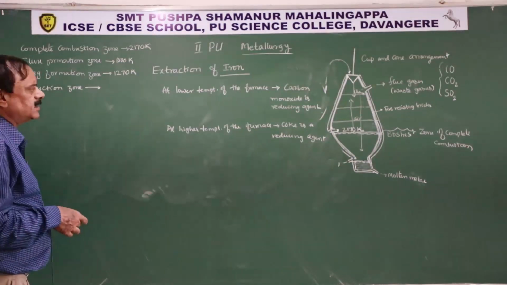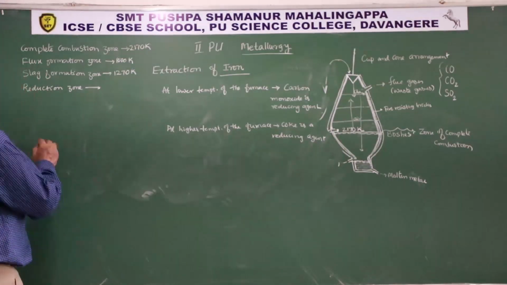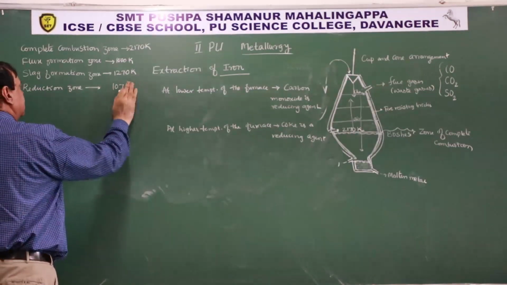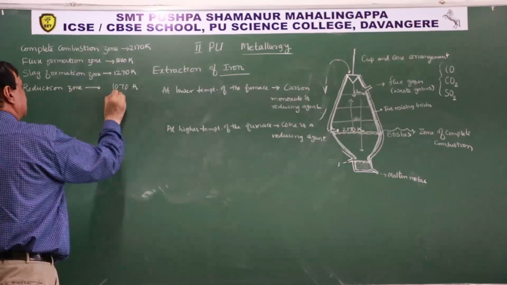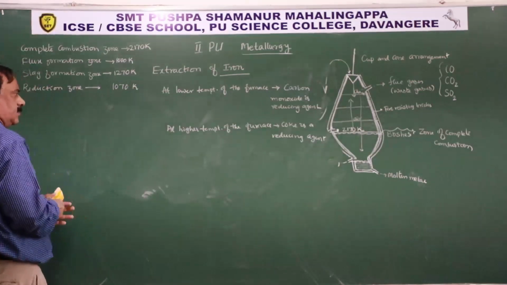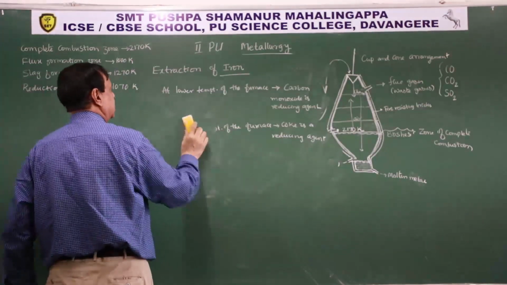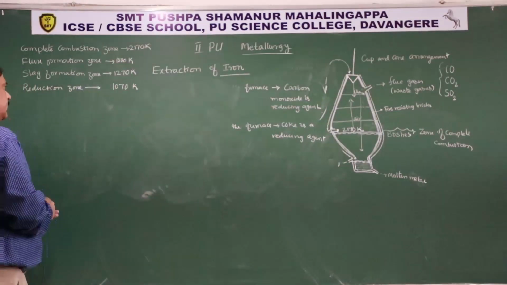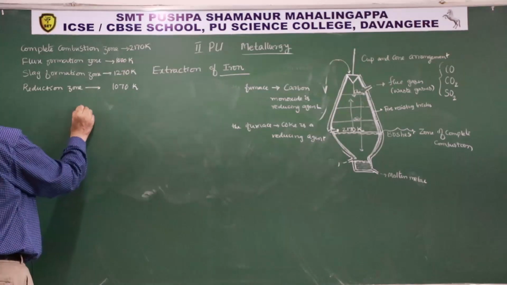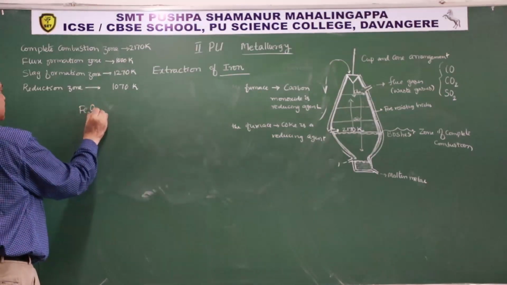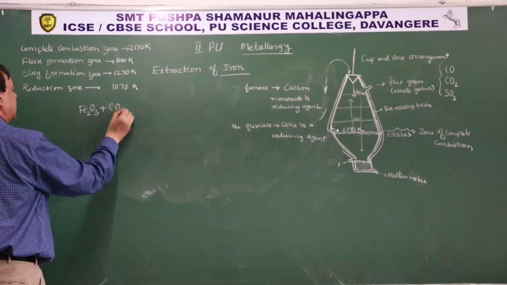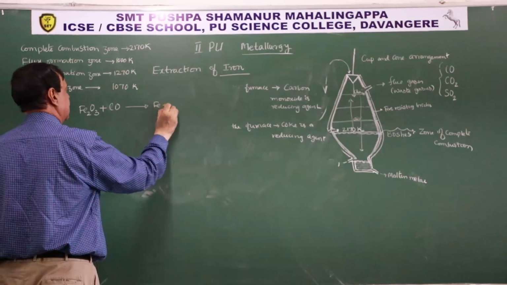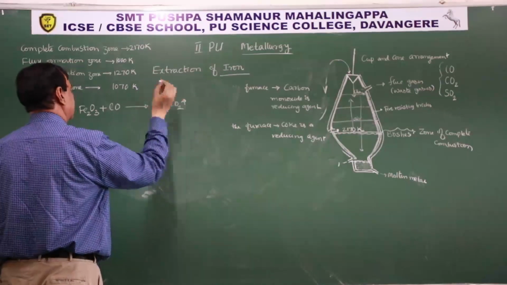At 1070 Kelvin, that is the lower temperature of the furnace, ferric oxide combines with carbon monoxide and gives rise to iron and carbon dioxide.